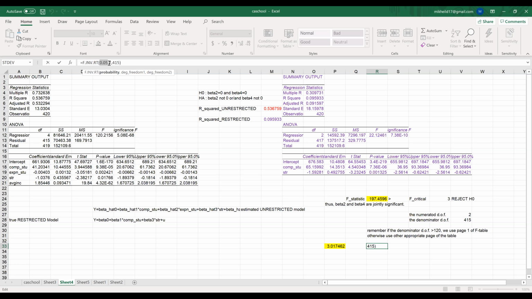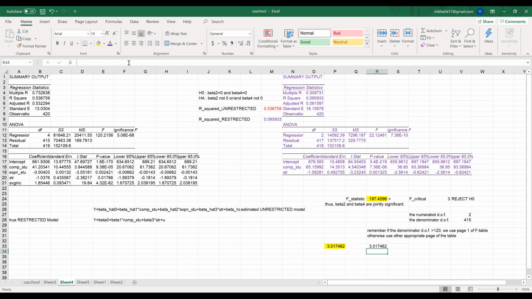And then this 2 is the number of restrictions, or the numerator degrees of freedom. And 415 is the number of the denominator degrees of freedom, which is n minus k minus 1. Am I clear?